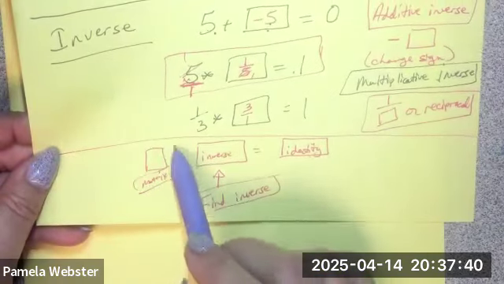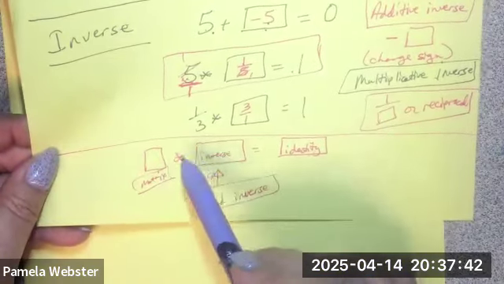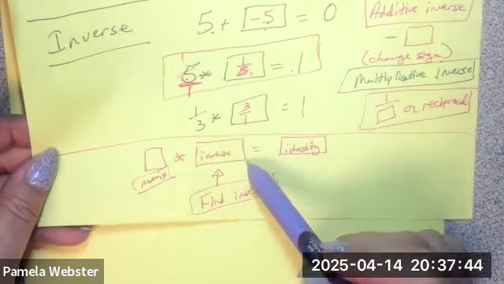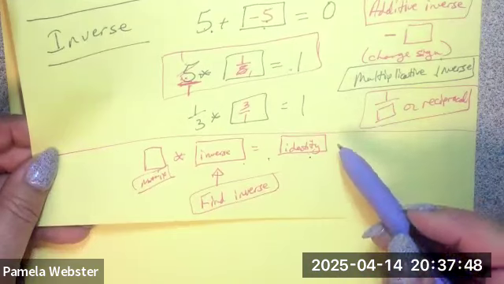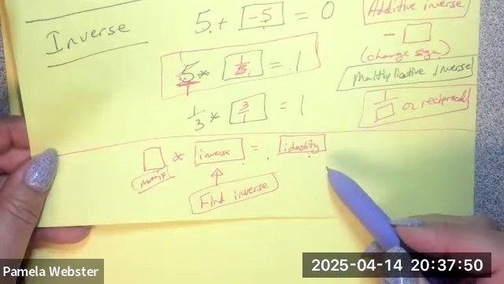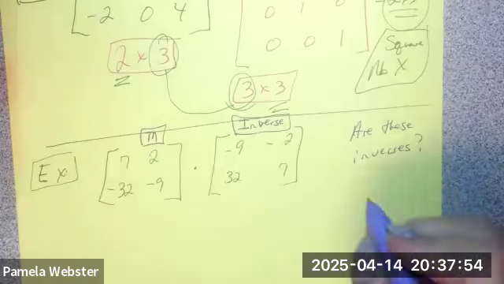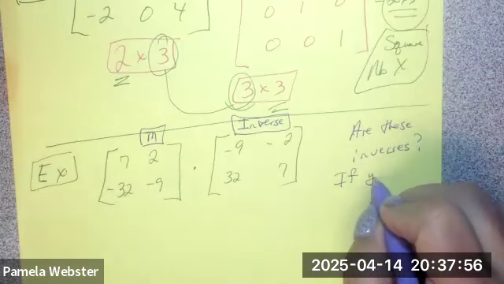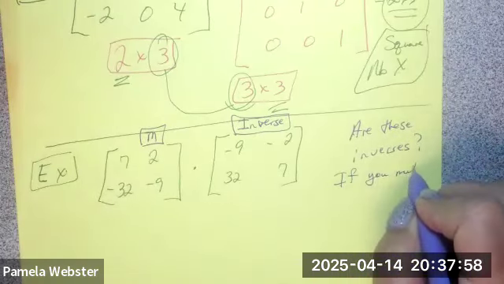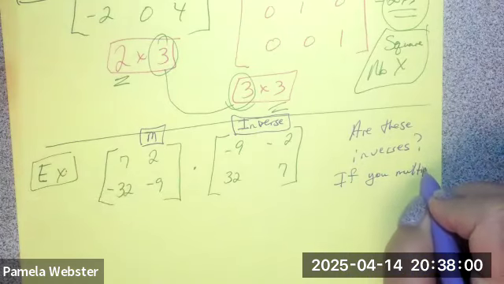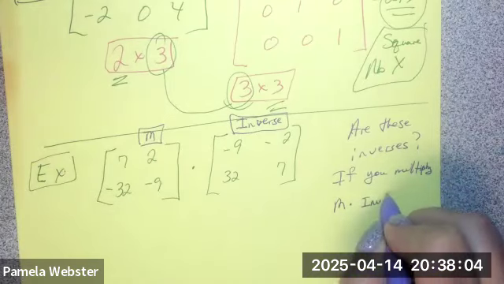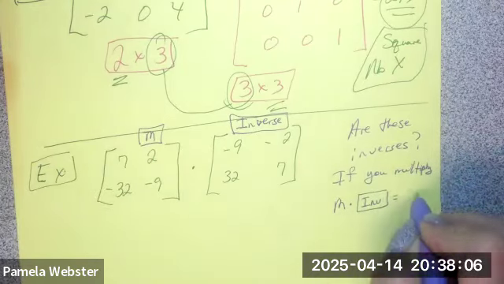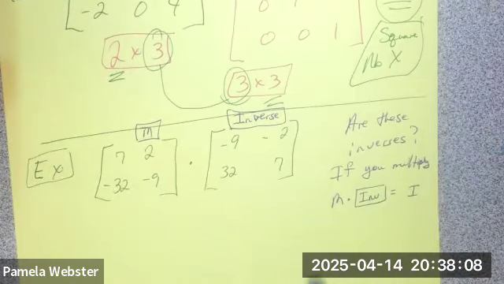The original thing, which in this case is going to be a matrix, times the inverse would give me back the identity. If you multiply M times, and I'm going to call it INV, you get back the identity.